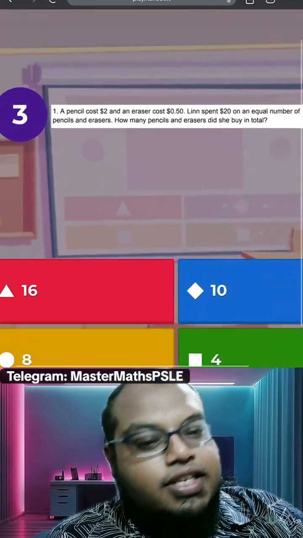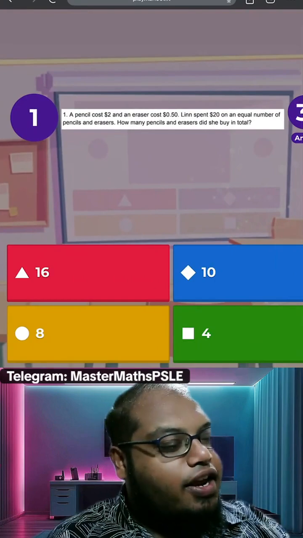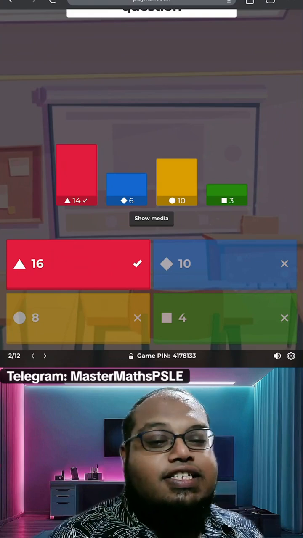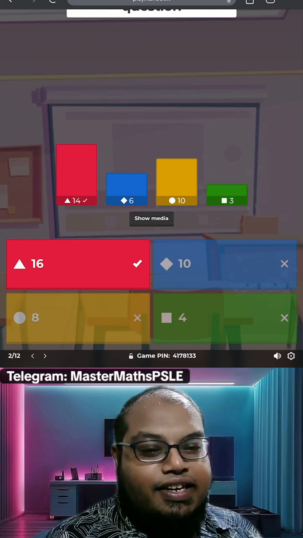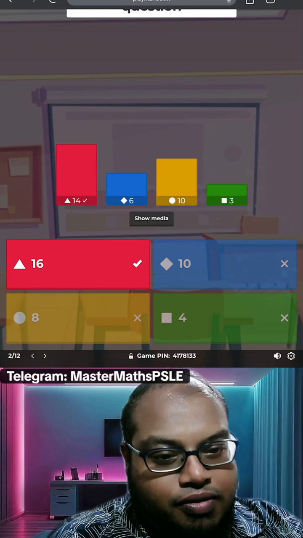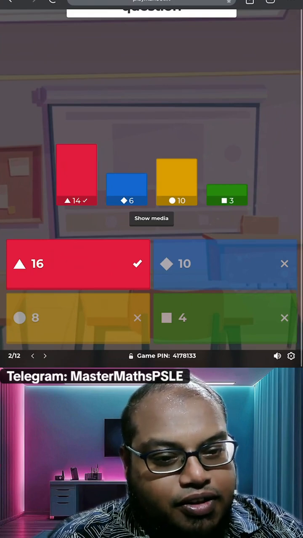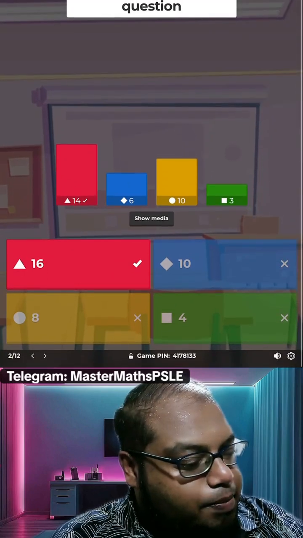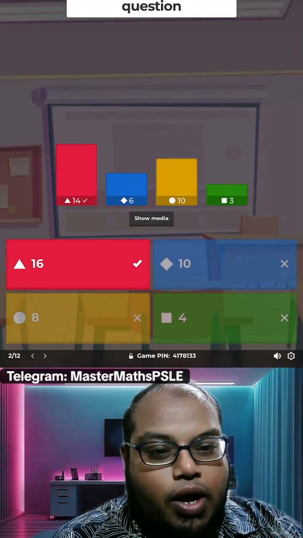This one is quite easy. You can even do guess and check and get the answer. Correct, the answer is actually 16. The pin is 4178133.